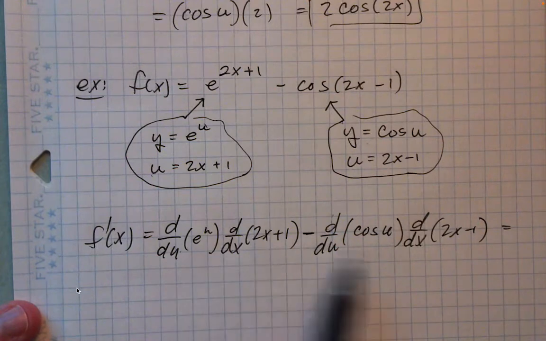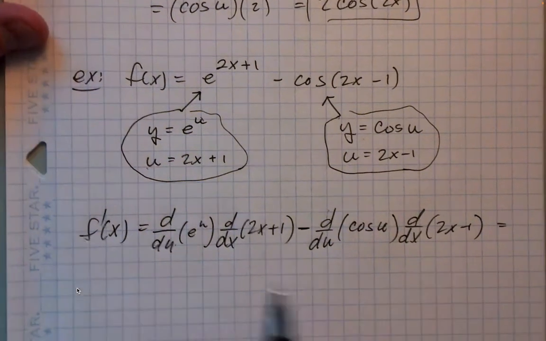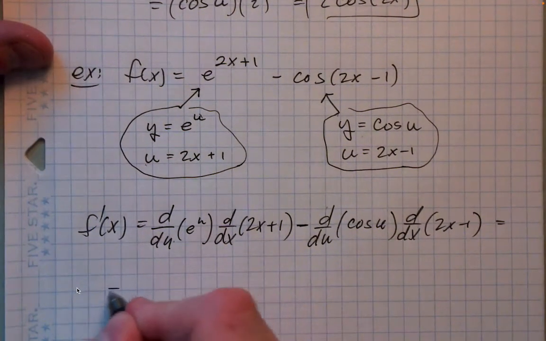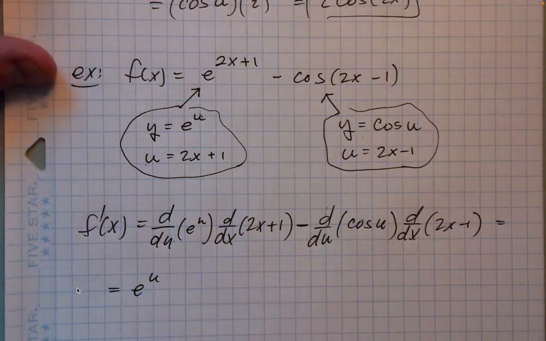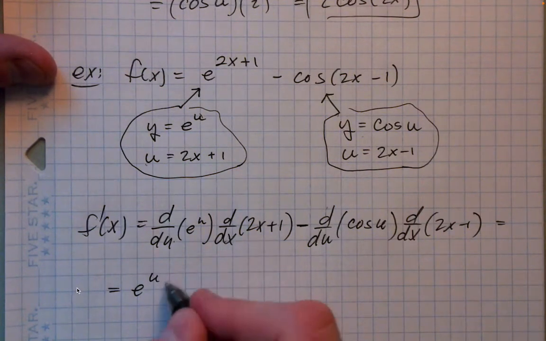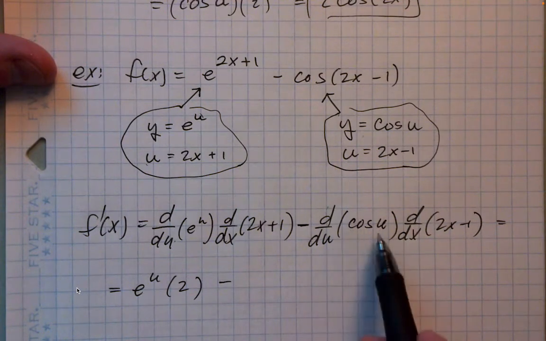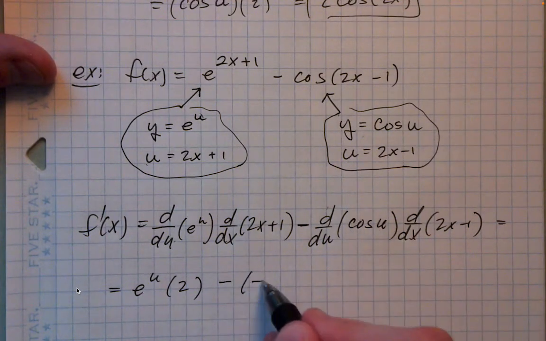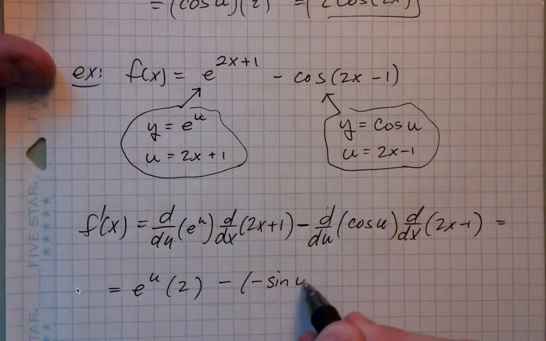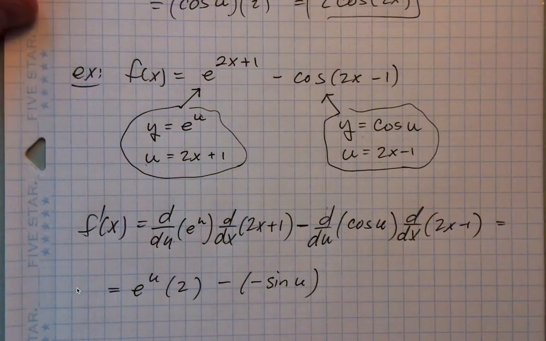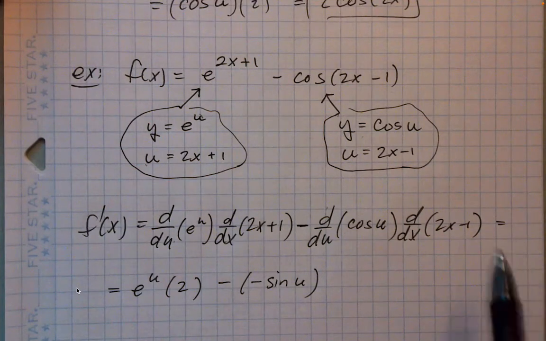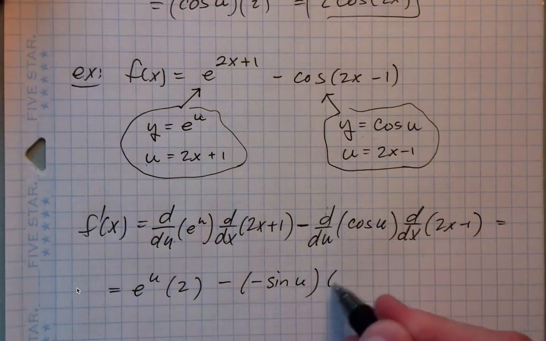All of these are functions we've seen before. They're all straightforward. So e to the u is just e to the u. The derivative is e to the u. This guy here, the derivative is just 2. Nice. The cosine, what's the derivative of the cosine? Well, it's negative sine. That one's slightly hard to remember, that the negative is on there, but you just have to remember it however you remember it. And then this one over here, the derivative is 2.